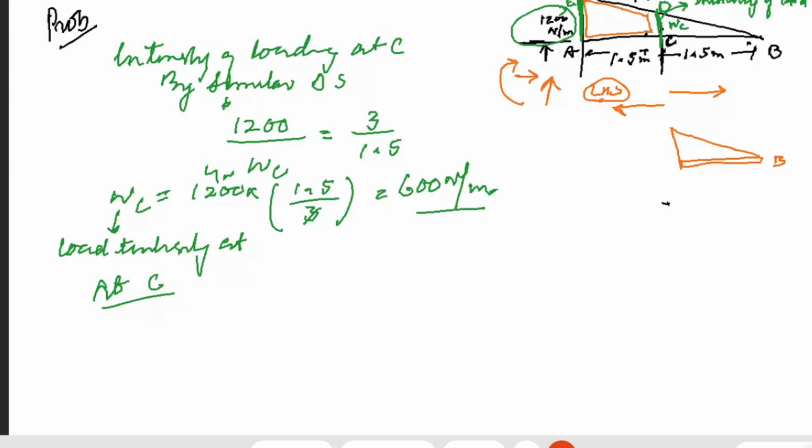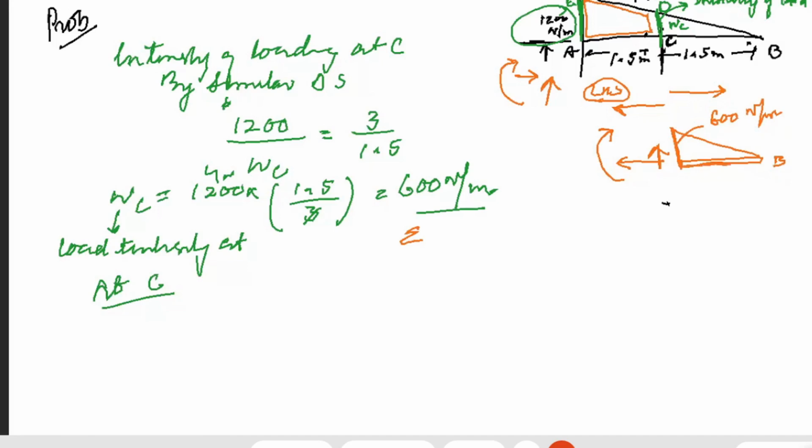So here again, as per the equation of equilibrium, for this very point we will have a vertical, a normal and a horizontal, and a moment. We already know that at this point we have an intensity of load of 600 newton per meter.